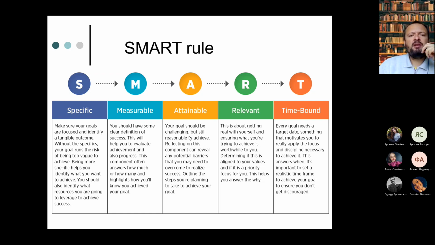Measurable. It must be mentioned what result must be attained, and we will speak about it also a little bit later. But now I'd like to stress that this measurable for you now means that you have to set an objective in figures.